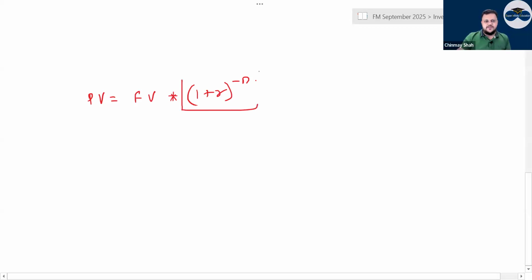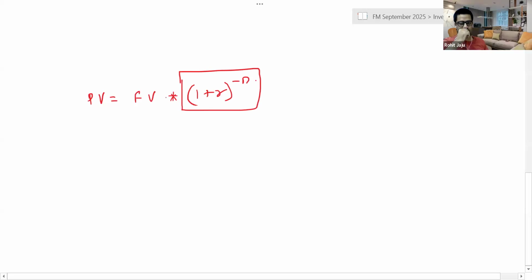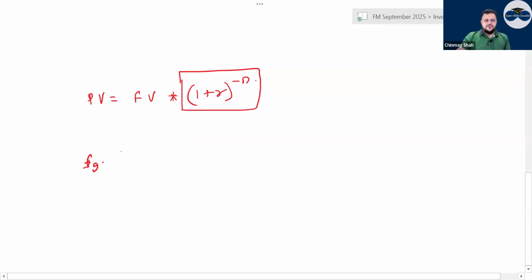And this we found out by the discounting rate that is there, correct? Don't write this, but let me write an example.